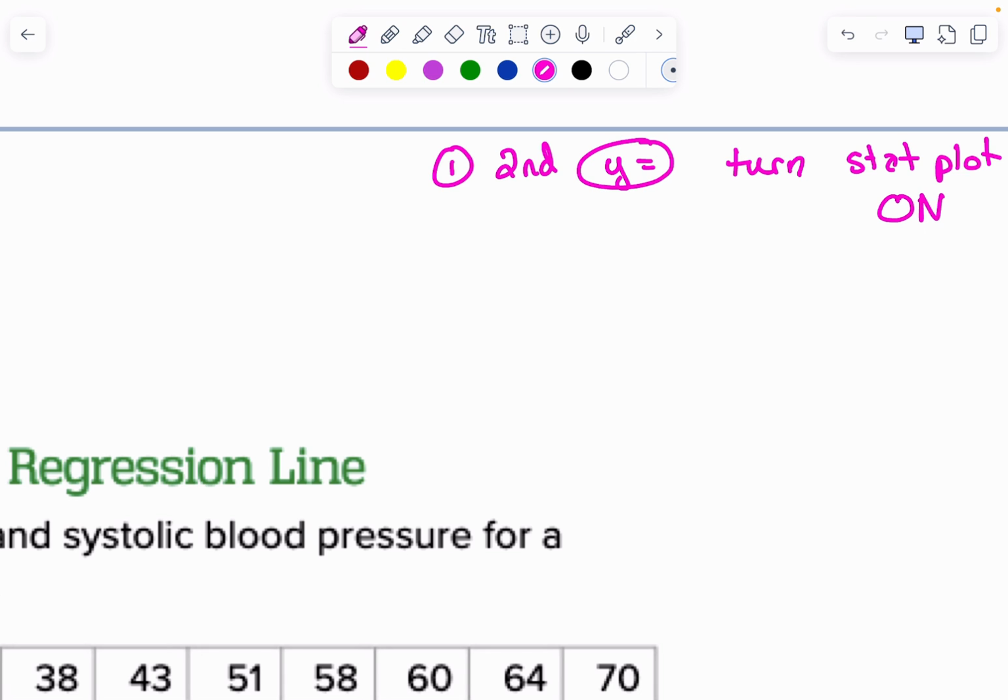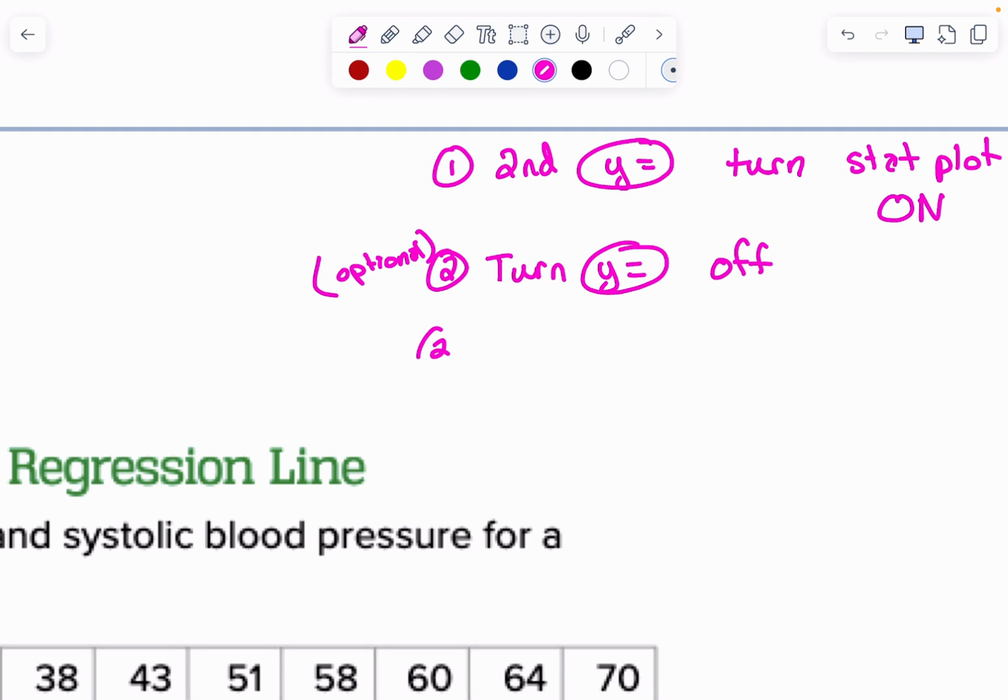Okay. Maybe go into your y equals and turn all your y equals off. You don't have to do that step, it's optional, but either delete out all your equations in there or whatever. It might graph lines and you might get confused. So turn your y equals off.